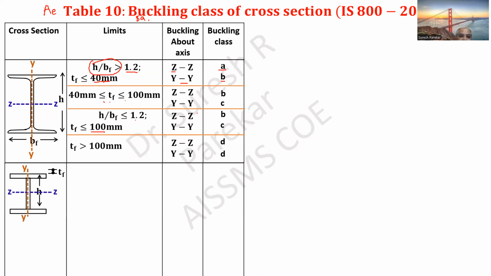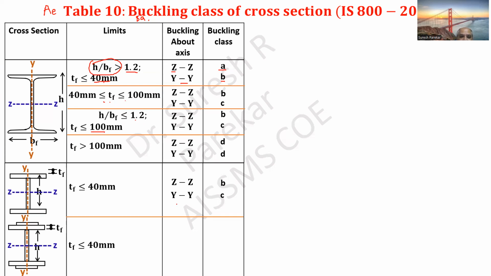So likewise, depending upon your cross section, we have this for built up section, or I will say welded section. So for welded section, we have TF less than or equal to 40. We have this buckling class for ZZ and YY axis, and TF greater than 40, we have C and D for these sections.